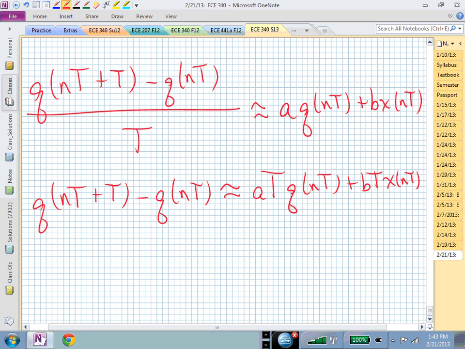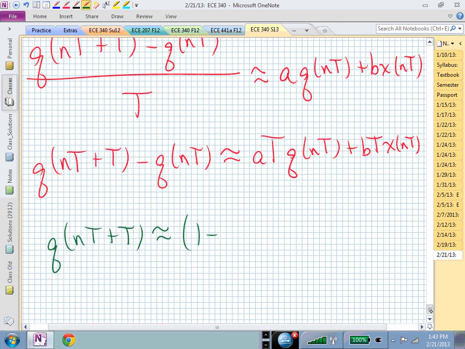And let me put all of the earlier time expressions on the right, and I'm left with q of little n T plus cap T is approximately equal to 1 plus AT q of nT plus BT x of nT.